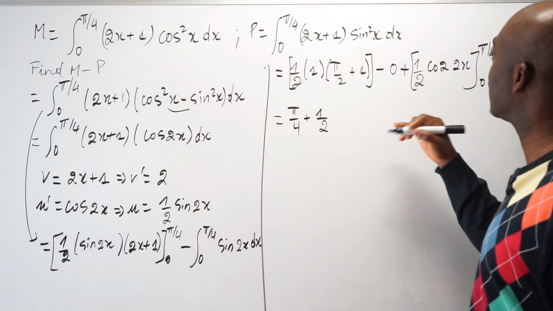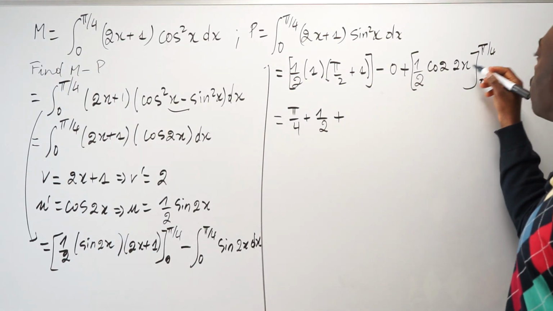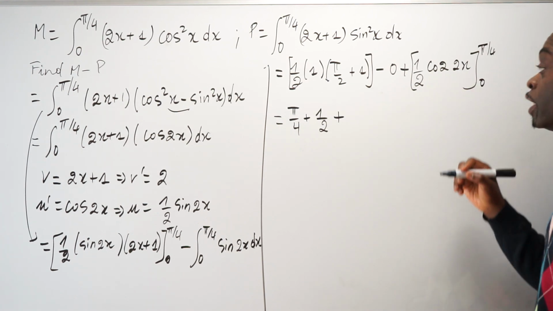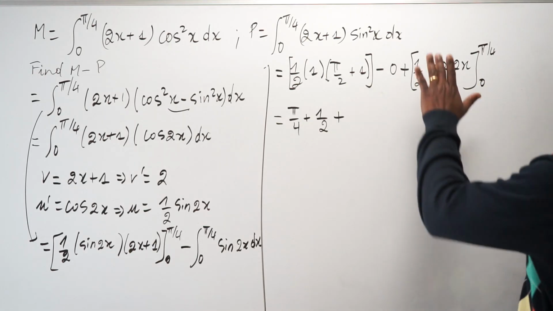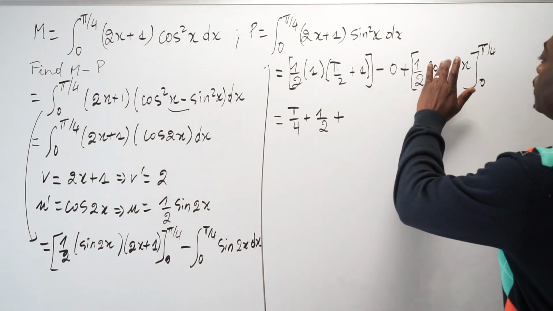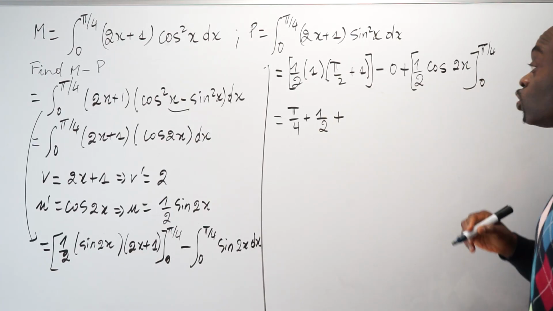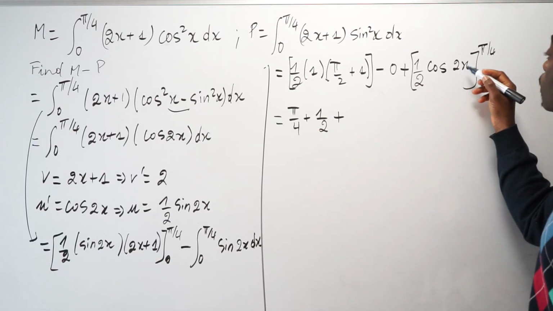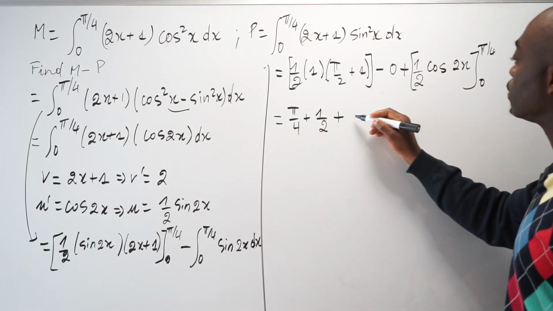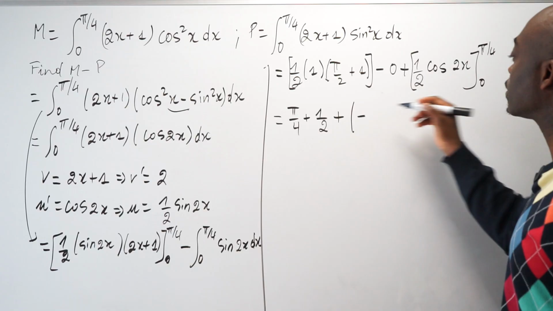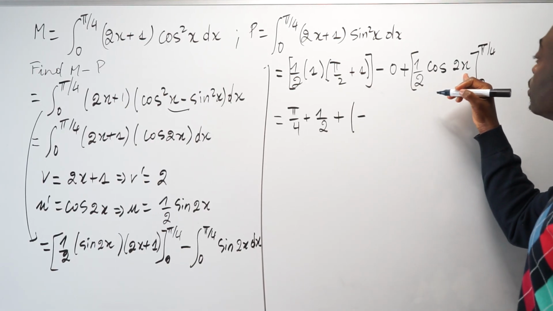And then we just continue. Minus 0 is 0, that's not a problem. So plus, at pi over 4, 2 times pi over 4 is pi over 2. So cosine pi over 2 is 0. And then minus, this one goes to 0, so 2 times 0 is 0.